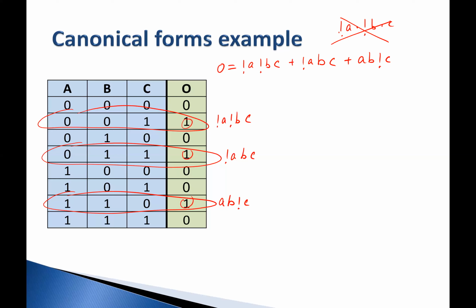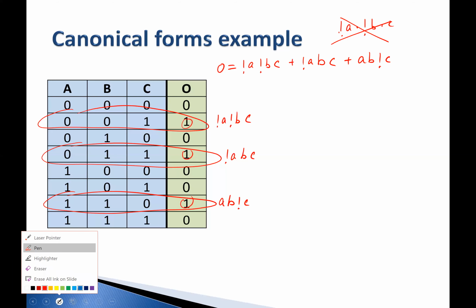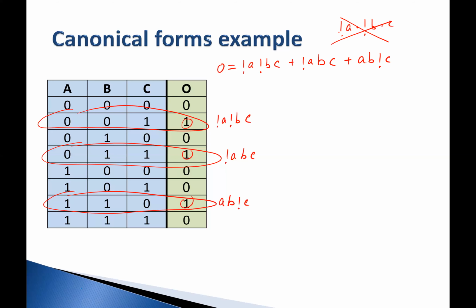So now what's next? We will do the simplification, right? So pick any common terms together. From here, looks like I have one. From all of the three terms, pick the common term that you can factor out, right? So for example, I can take not A and C. So what do I have?